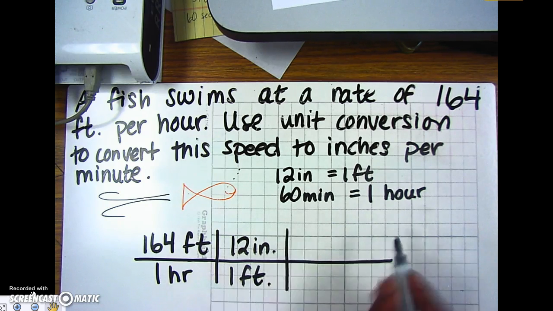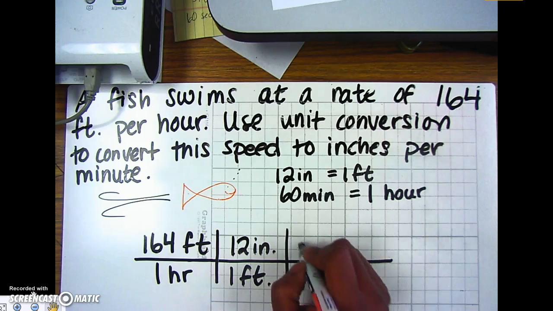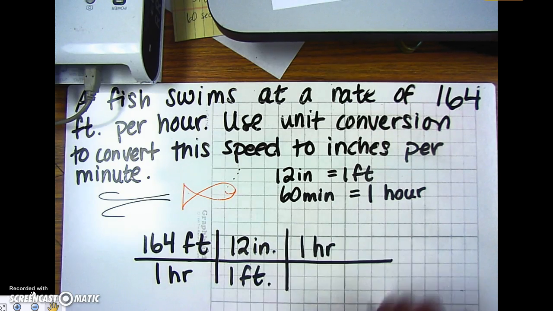Now, we have to do our second step, which is the 60 minutes and 1 hour. Since the hour is on the bottom here, we're going to put the hours on top over here. So 1 hour goes here and 60 minutes goes on the bottom.